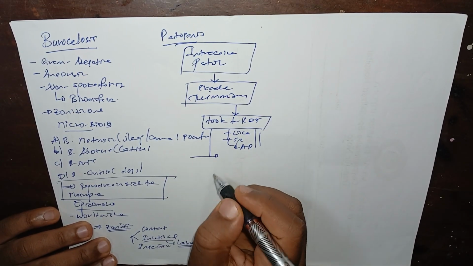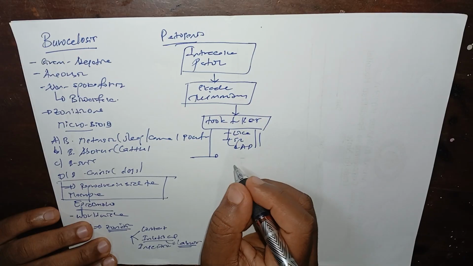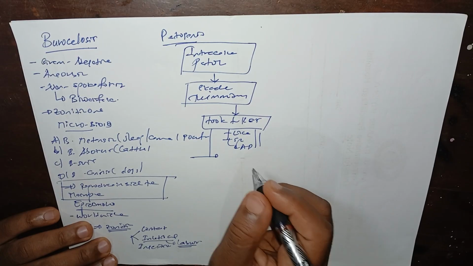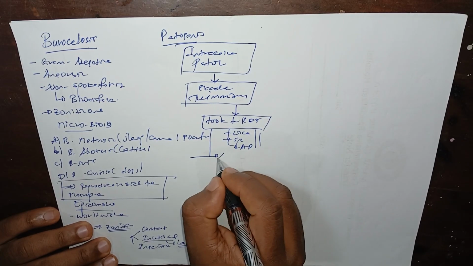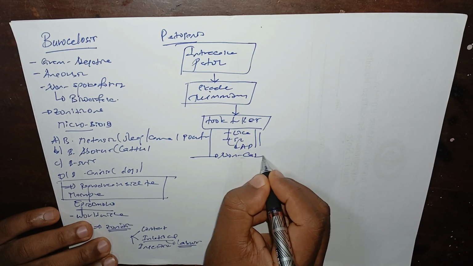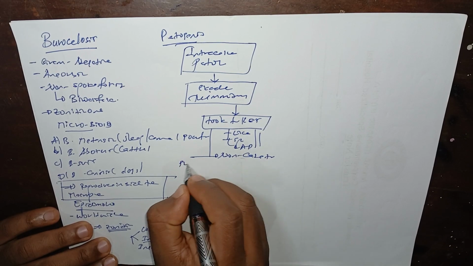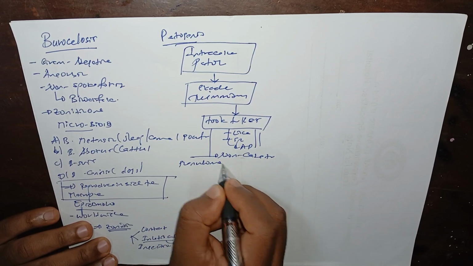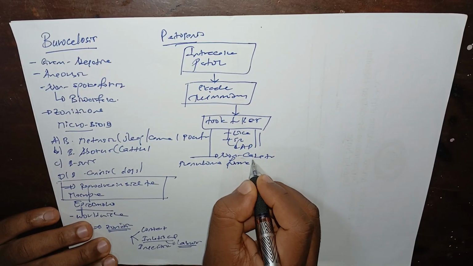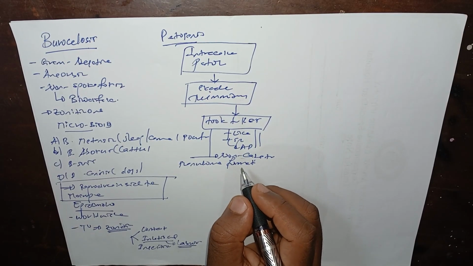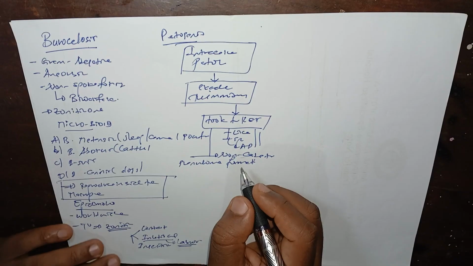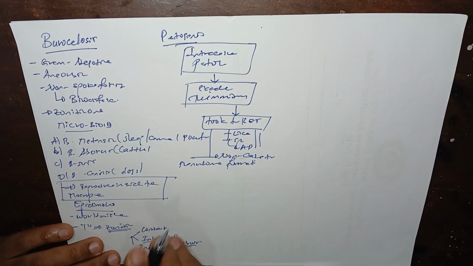Then finally, inside the reticuloendothelial system, the microorganisms produce non-caseating granuloma formation.